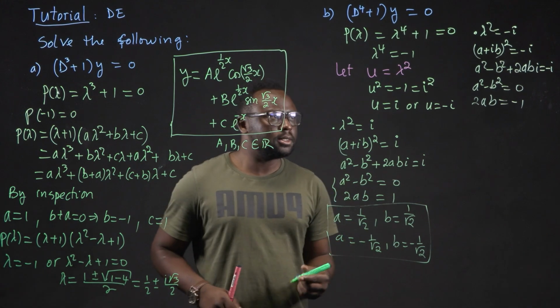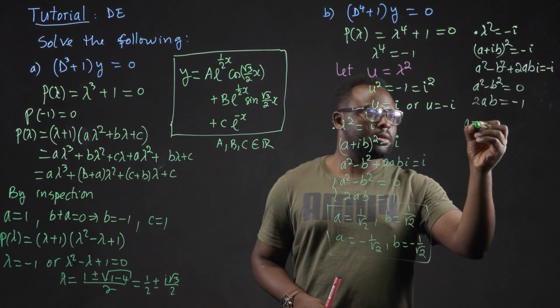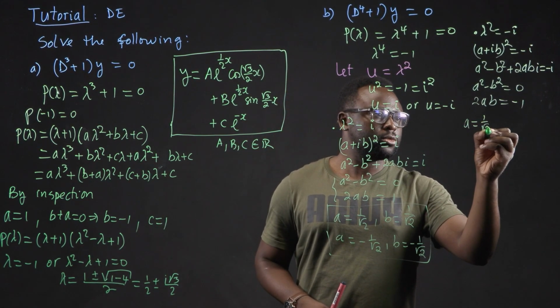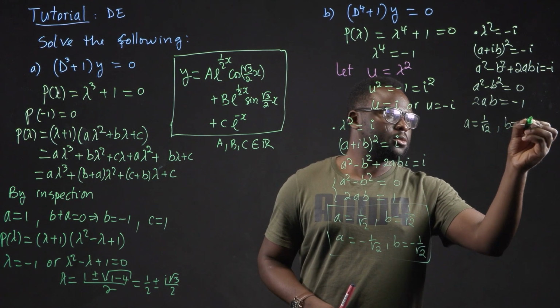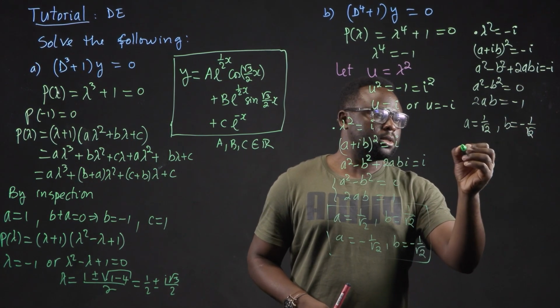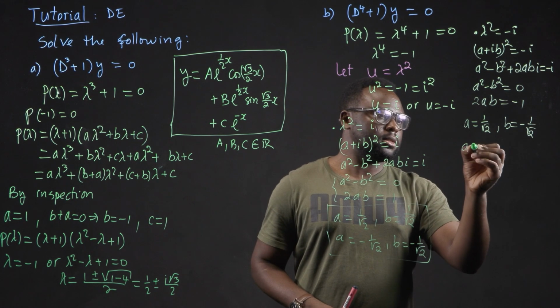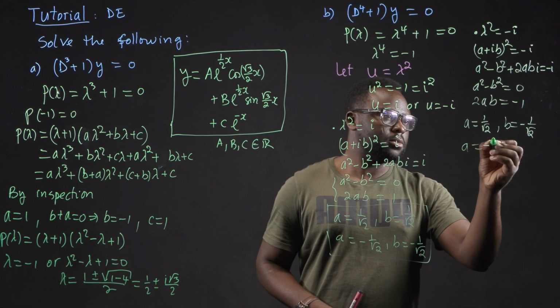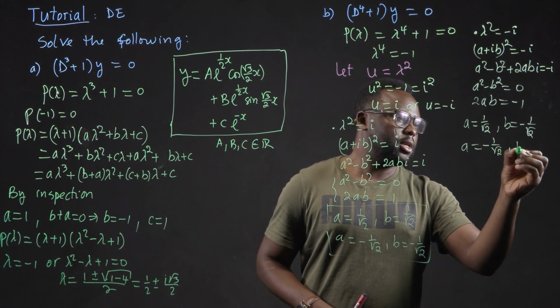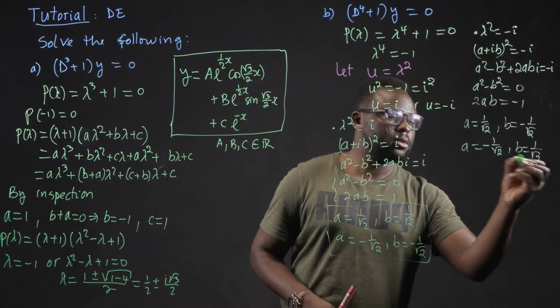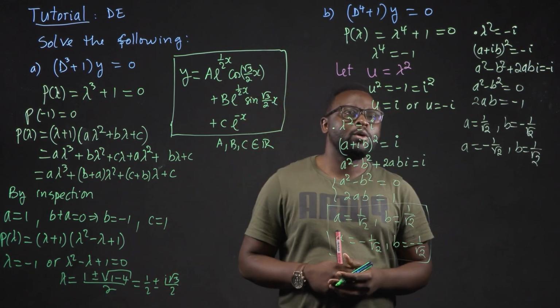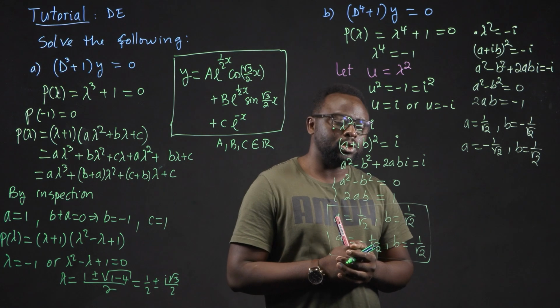Again, we solve this and obtain A is equal 1 over root 2 and B is equal minus 1 over root 2. The second set is A is equal minus 1 over root 2 and B is 1 over root 2. So having this, we can therefore write the total solution.